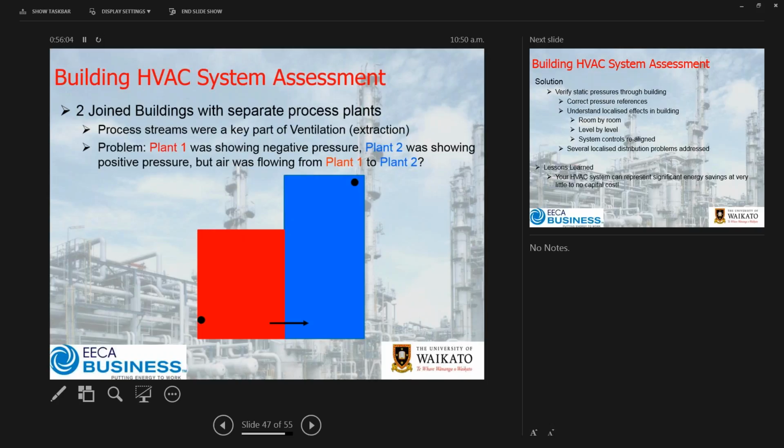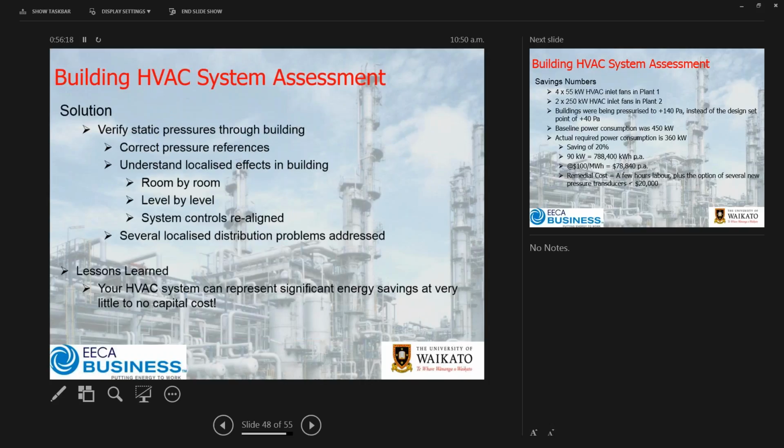Now the consequence of that, of course, is the control system for the HVAC system was ramping the system to full load, trying to compensate and pressurize the building. However, what was actually transpiring was the building was being significantly overpressurized.